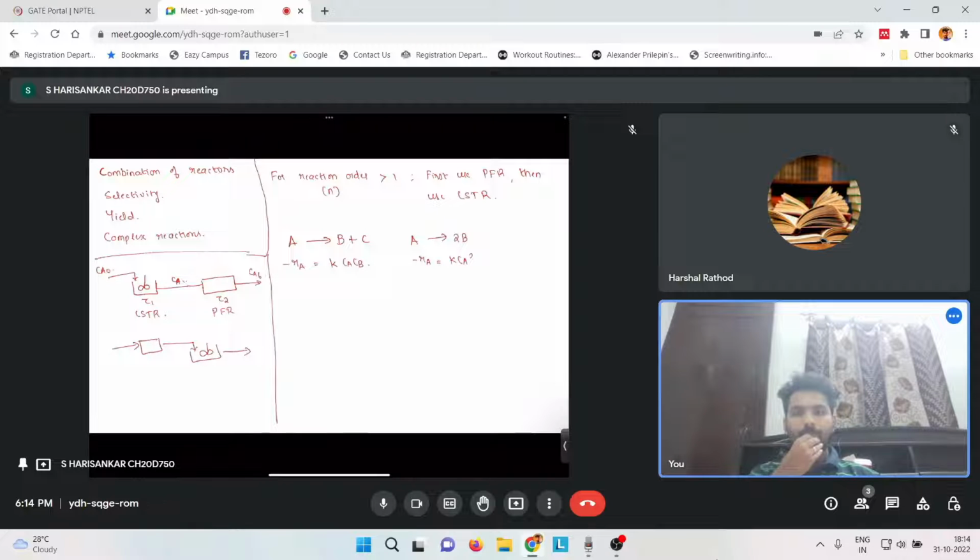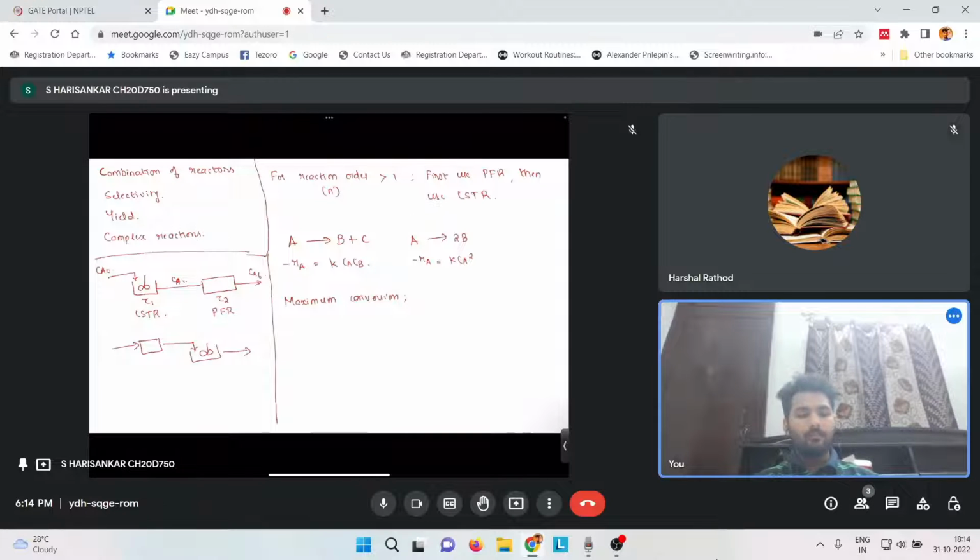In such reactions where the reaction order is greater than 1, if you want to find what combination gives you the maximum conversion, let's say you have options, you can use PFR and CSTR in any order, but you have to use it in that order which gives you the maximum conversion.